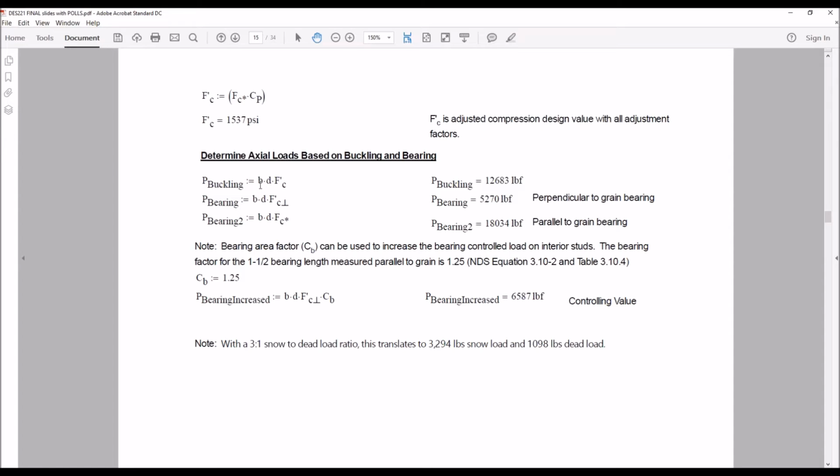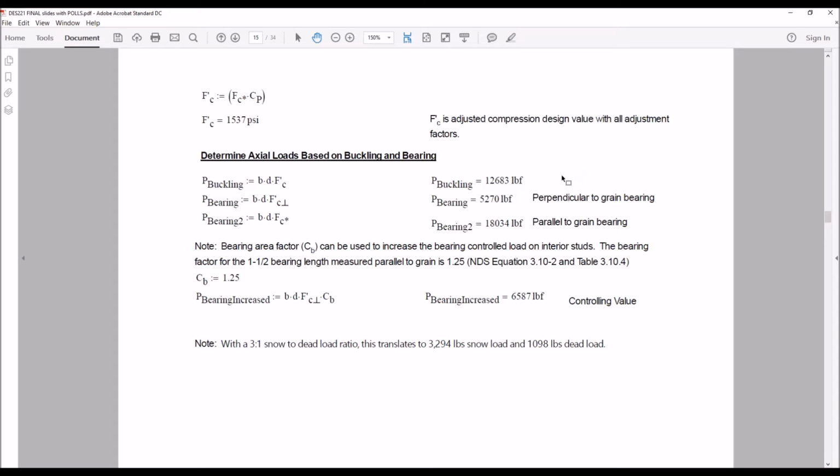So the area is simply equal to B times D. Our buckling load is equal to F sub C prime times the area. Remember Euler buckling? I know some of you just cringed in your desks.